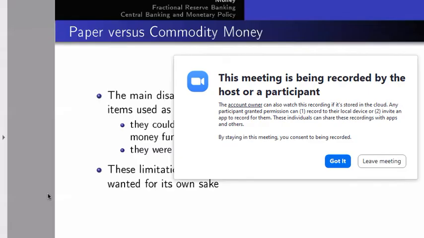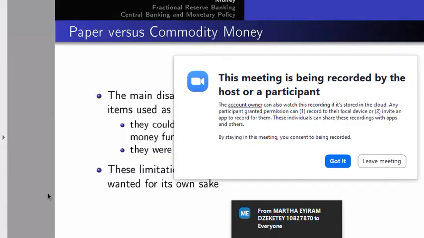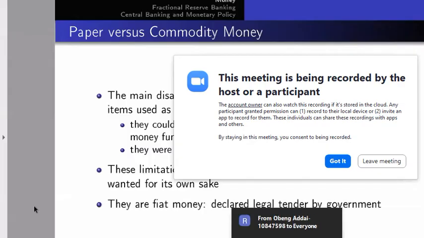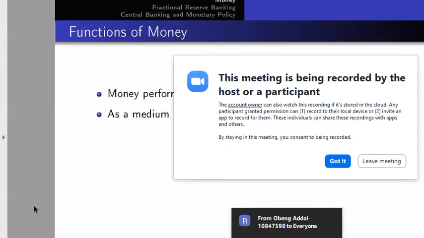You realize that paper money on its own had no value, but there is a certain legal tender on it that makes it widely and easily acceptable by all for the exchange of goods and services. So there is fiat money, declared legal tender by government.